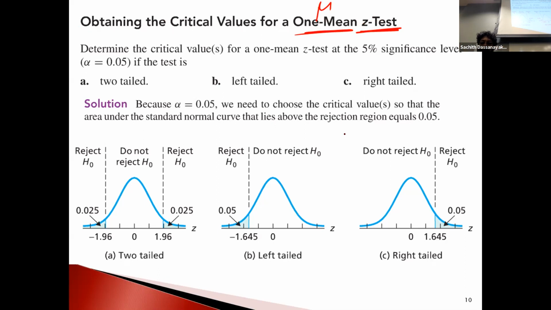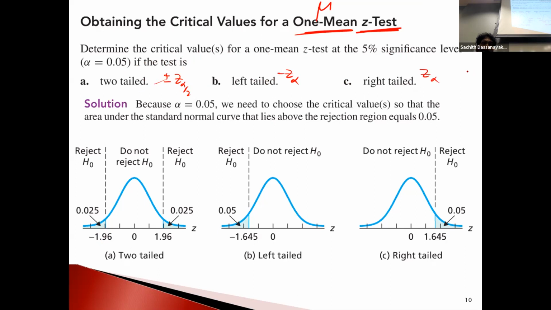The test can be two tail, left tail, or right tail. Determine the critical values for 5% significance level alpha. How do you find these values? You know how to find this, right? Alpha is 0.05. If it is two tail, then you have to find plus or minus C alpha over 2. If it is left tail, you have to find negative C alpha, and for right tail, C alpha.